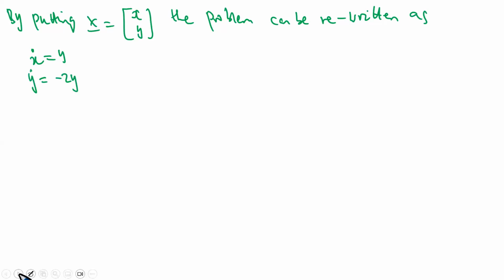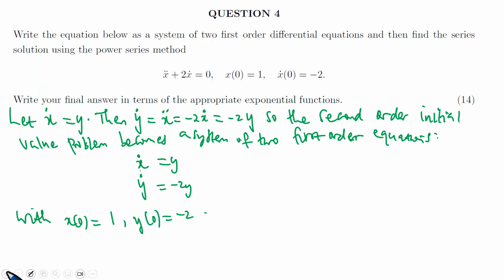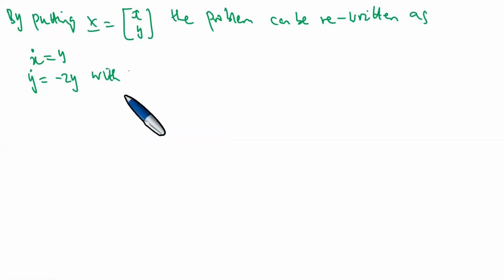I'm trying to write this as a matrix. We said the initial values: x0 is 1 and y0 is minus 2. So x of 0 is 1, y of 0 is minus 2.